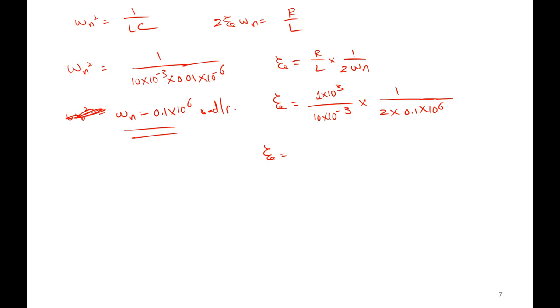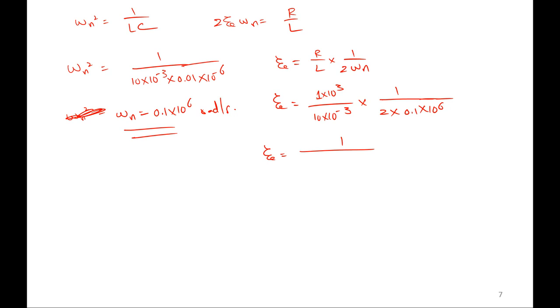Observe here, let me simplify it. 10 power 6 is there: 6 minus 3 is 3, 3 plus 1 is 4. 10 power 4 is there, and taking the 10 power 3 below, 4 minus 3 is 1.